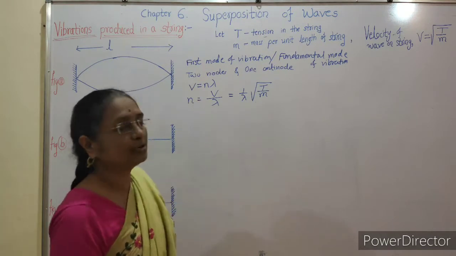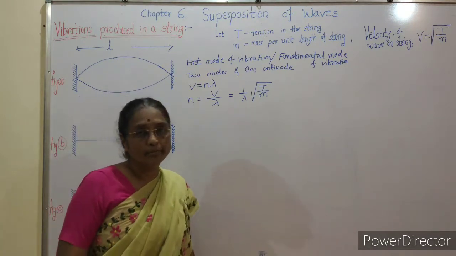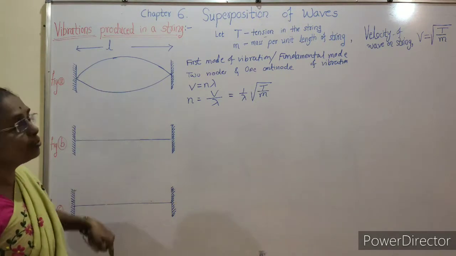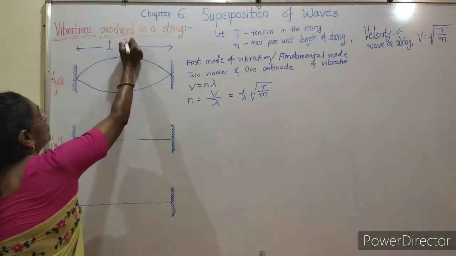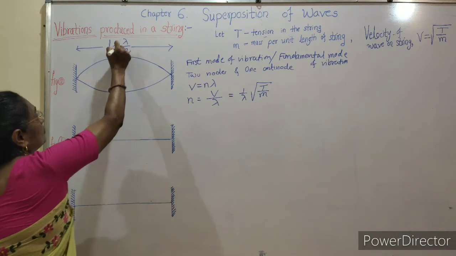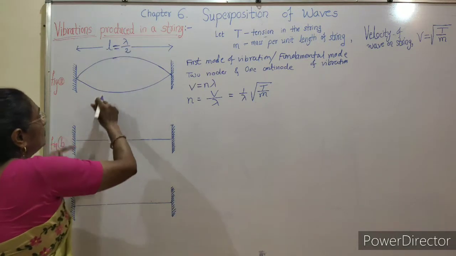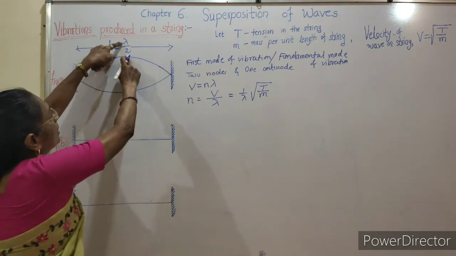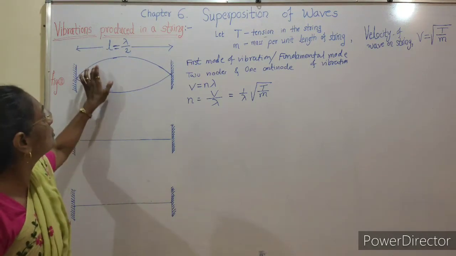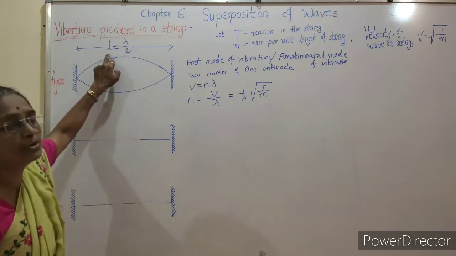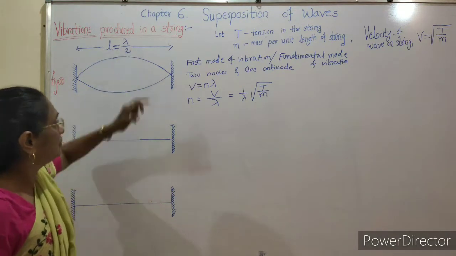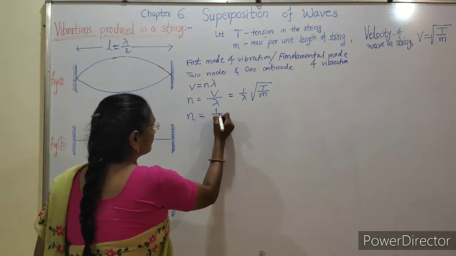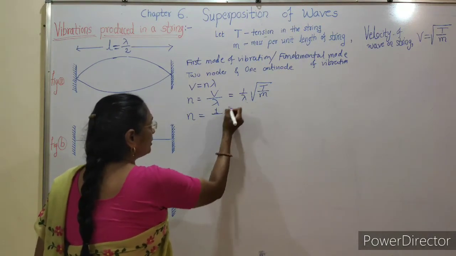Now we have to rewrite the equation in terms of length. Here we know there is a single loop, and the length of one loop is equal to lambda by 2. So this whole length L is equal to lambda divided by 2.